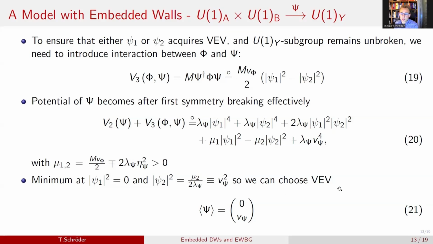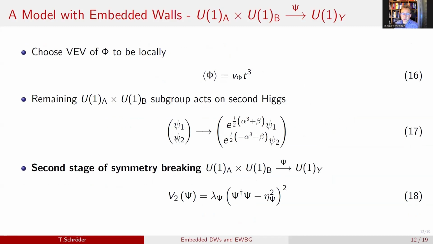So we can choose the vacuum expectation value of the doublet psi to be of the form given in equation 21. Going now back to the previous slide, where we had the transformation behavior of the Higgs doublet, we can see that transformations which have alpha 3 equal to beta will leave this vacuum expectation value unchanged.